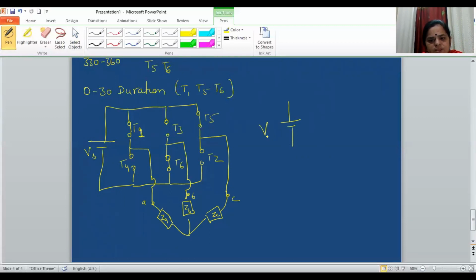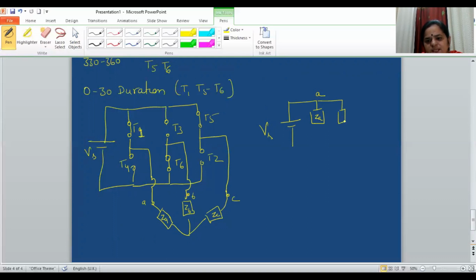This is the Vs voltage. You can see that ZA through this T1 short circuit is connected to positive voltage. So ZA is connected to positive voltage, and this is A phase. Similarly, ZC through this T5 short circuit is also connected to A phase.